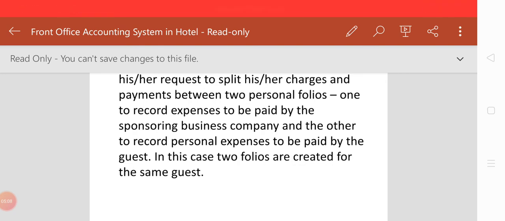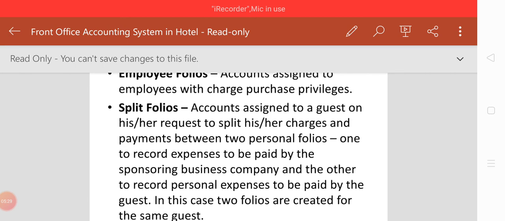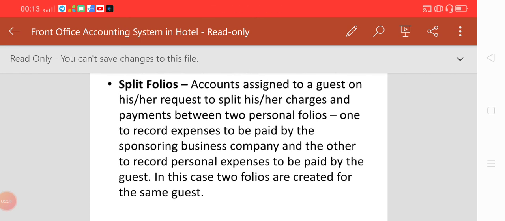During checkout, you cannot ask them to split the folio. Before you check out, or when you are checking in at the hotel, you have to ask them to split the folio, meaning the room charges and the breakfast will be taken care of by my company, and the lunch and dinner amount will be paid by me. You have to make the separate folio, that is called split folio.